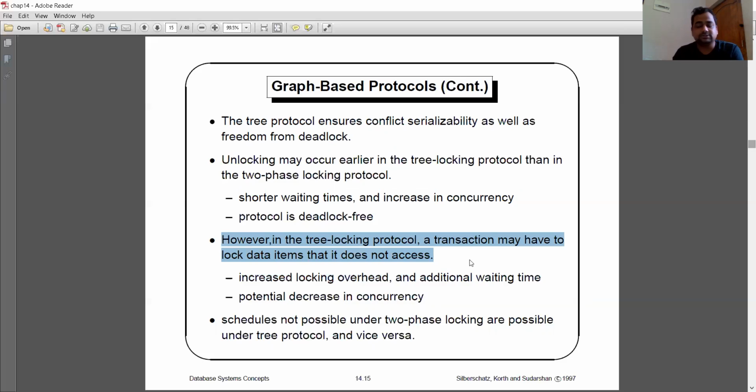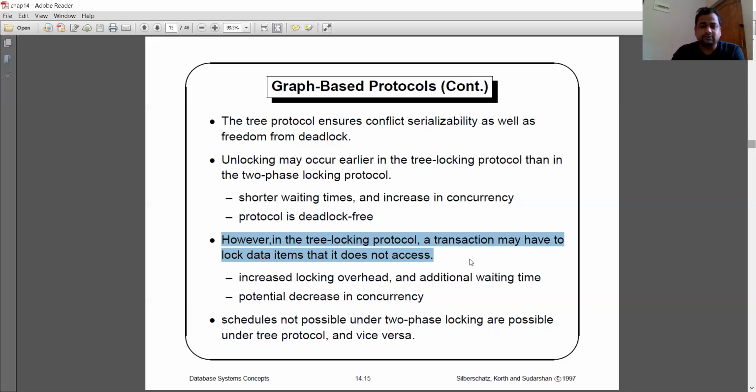In the previous example, we said that if you want to put a lock over Q, you have to lock the parent of Q. The parent of Q may or may not be needed by the transaction Ti, but still you have to put a lock on those data items.